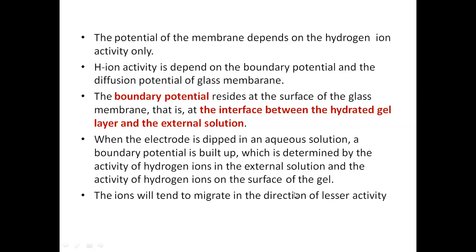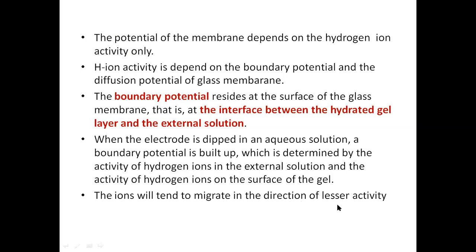Here we just have to consider the activity of the hydrogen ions, and it follows Le Chatelier's principle. Again, I told you it follows Le Chatelier's principle. Why? Because it tends to migrate in the direction of lower activity.